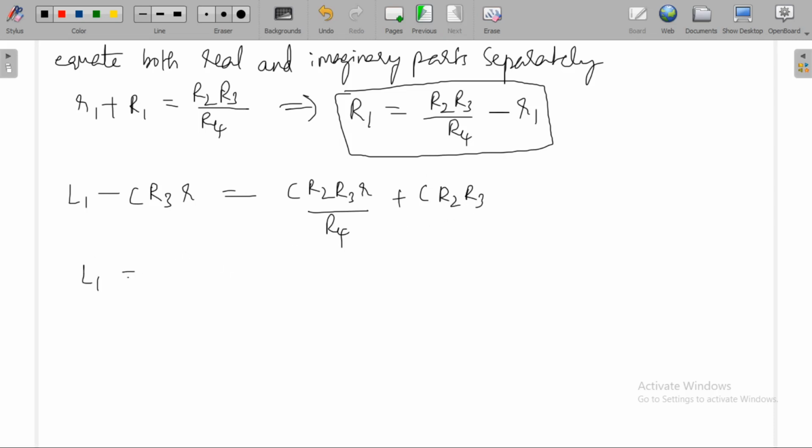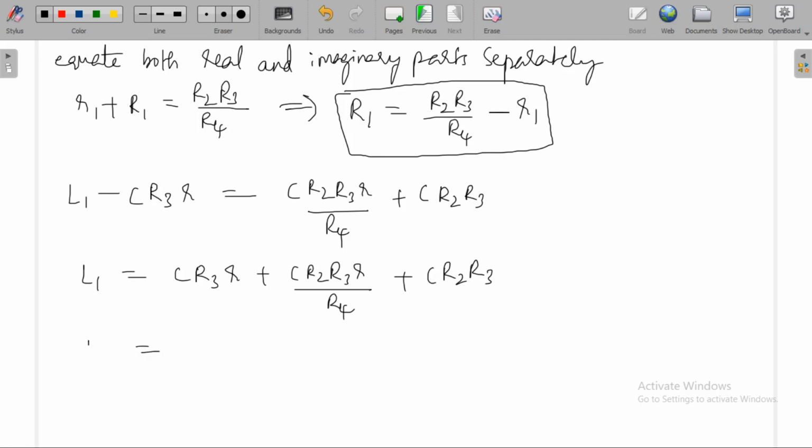Then L1 is equal to C R2 R3 R by R4 plus C R2 R3.